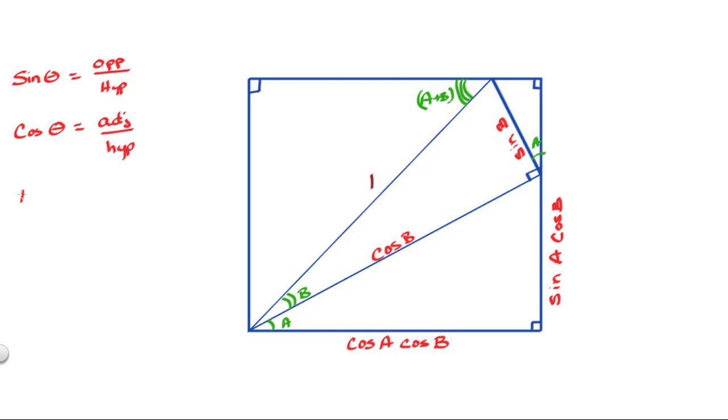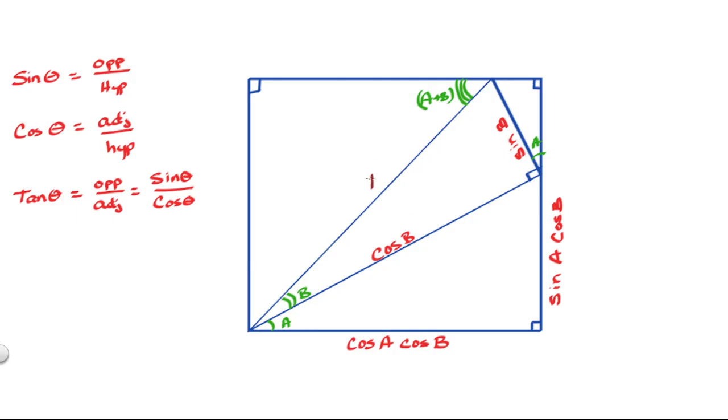We're not going to deal with this in this video, but the tangent of an angle is equal to the opposite leg divided by the adjacent leg, or we could write that as sine theta over cosine theta.